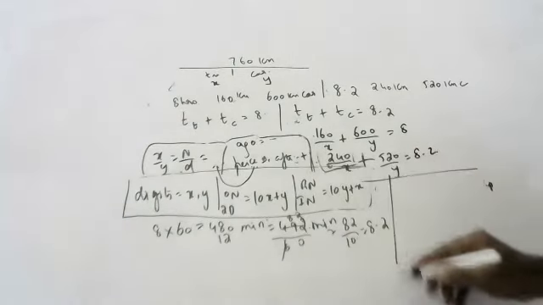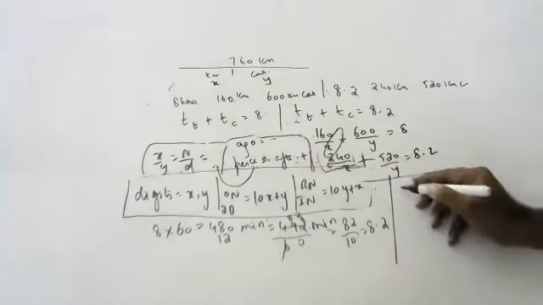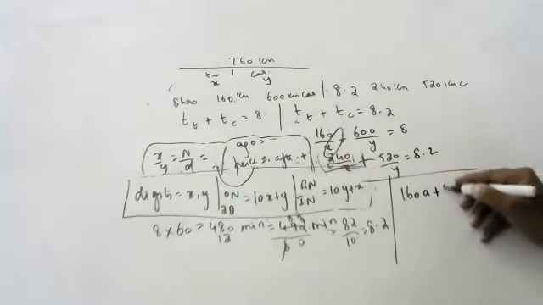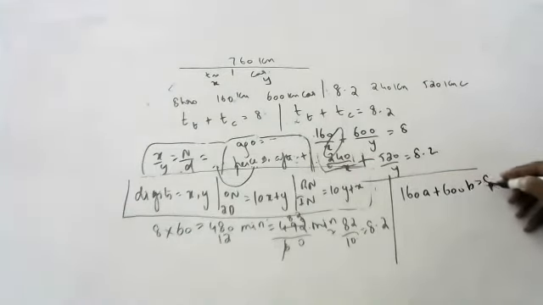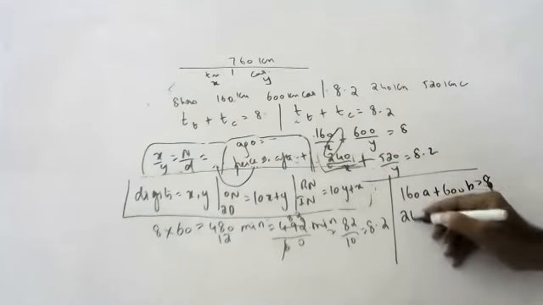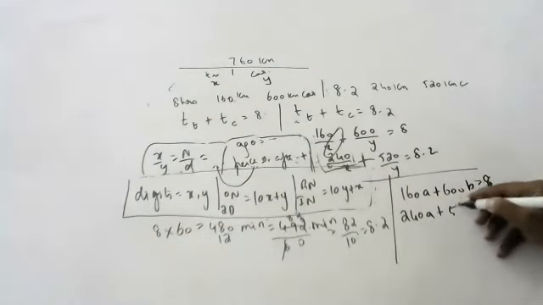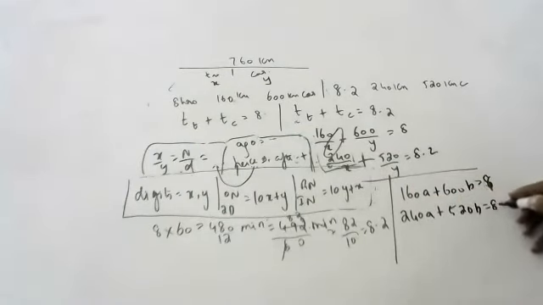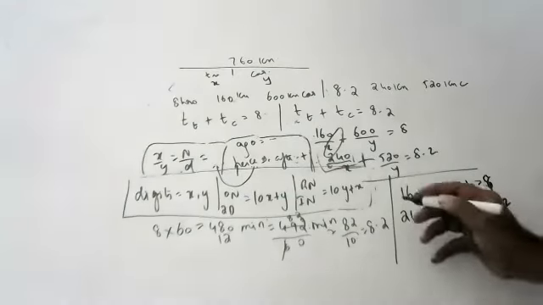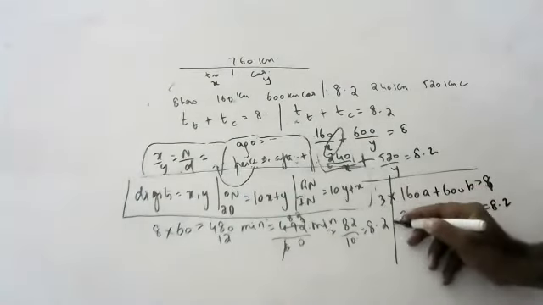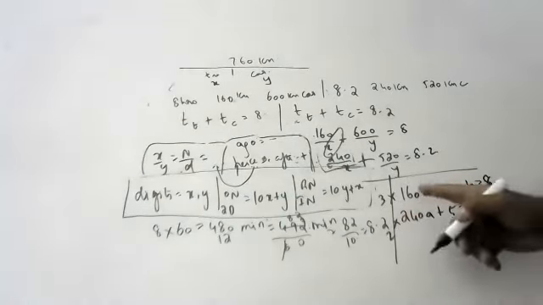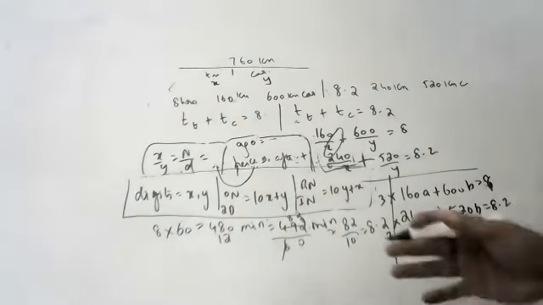So children, as a regular procedure, 1 by x what will we take? A. 160a plus 600b is equal to 8. And 240a plus 520b is equal to 8.2. Okay children? Regular procedure, we'll do it like this. This into 3 if you do 480, this into 2 if you do 480, you can cancel and then solve the sum.